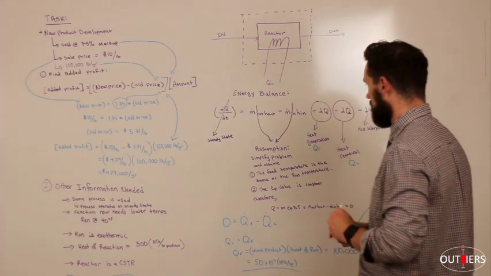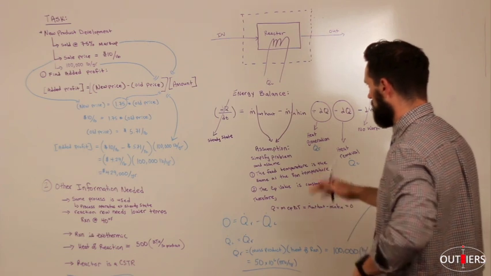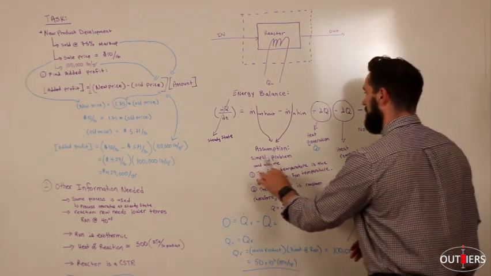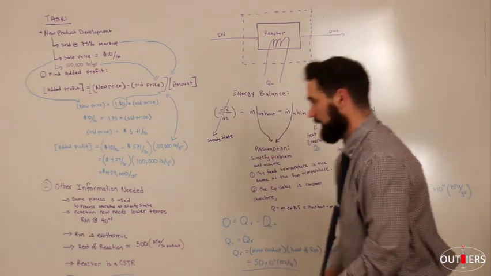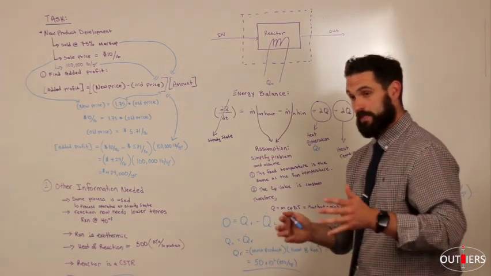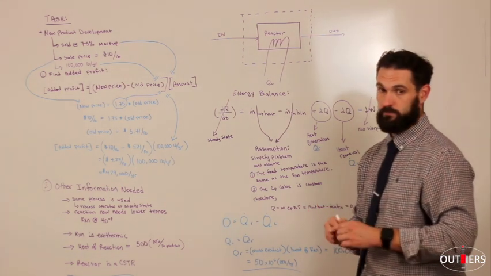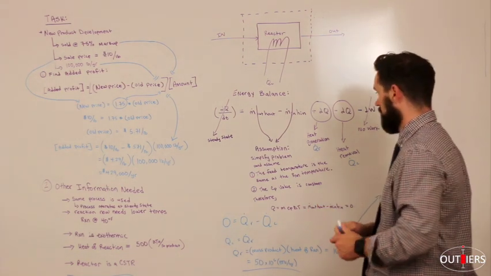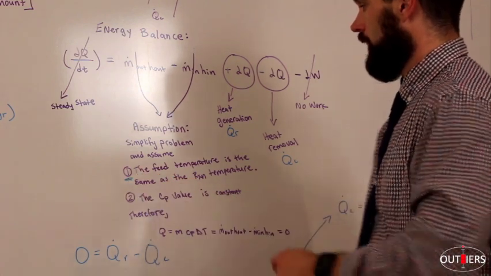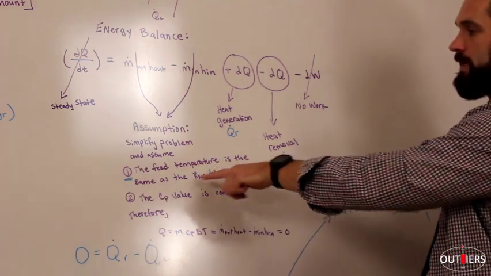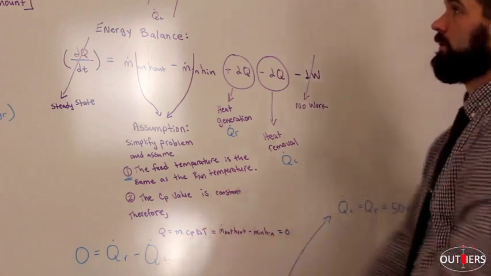Now let's start to refine some of this. One of the simplifying assumptions that I've made here, in a real life scenario, may be a bad assumption. I've really simplified the problem by two things. One, I've assumed that the feed temperature is the same as the reaction temperature.